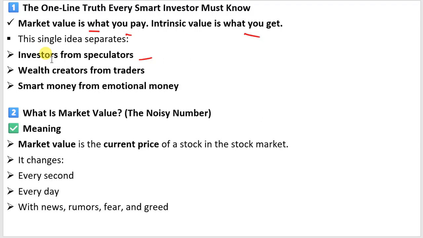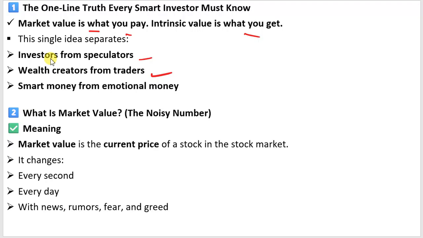And the second one is wealth creators from traders. What is the meaning of this? Wealth creators are individuals who leverage market volatility, deep research, and high-risk conviction into massive fortune.